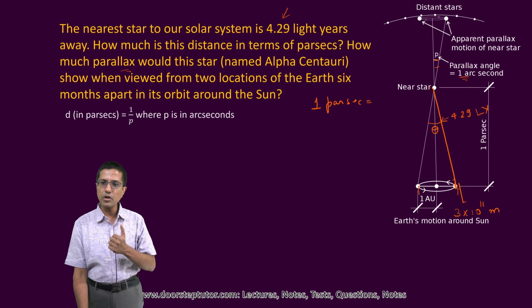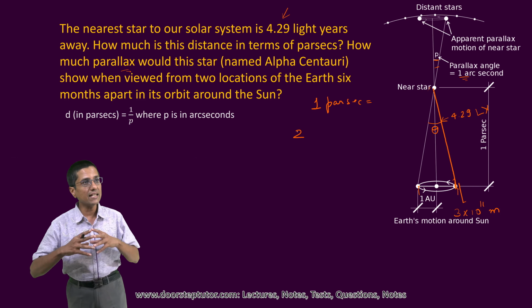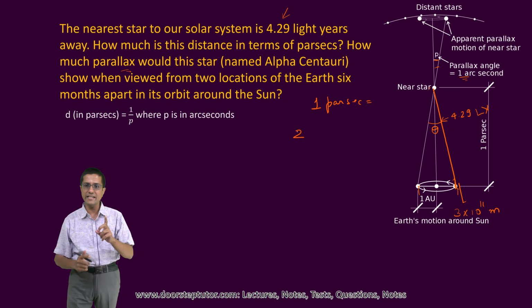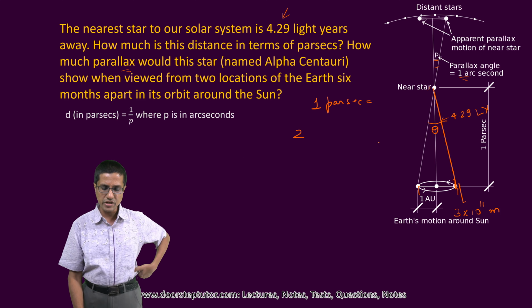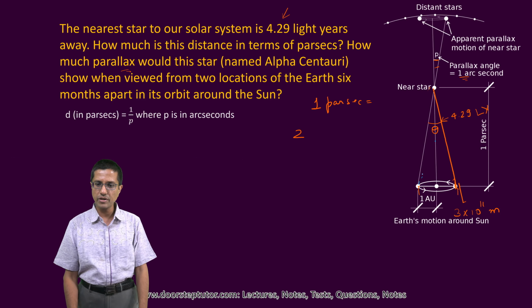What if this parallax angle was 2 arc seconds? We know that as the parallax angle increases, the distance decreases. So let's say that instead of being there, the star was only 0.5 parsec. Then this parallax angle would actually be just twice. So we'll just draw a dotted line to signify that.